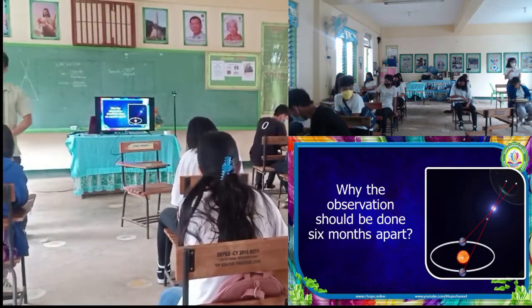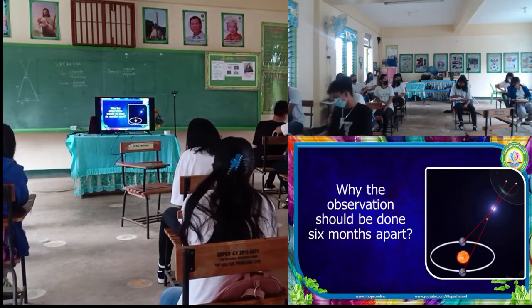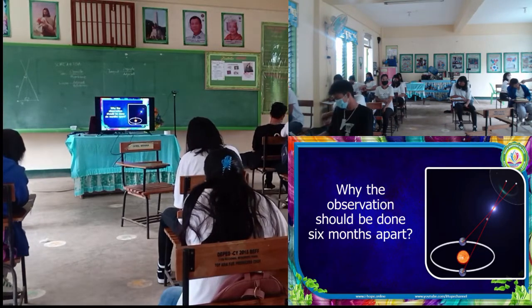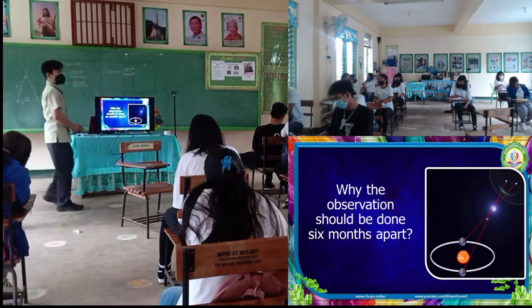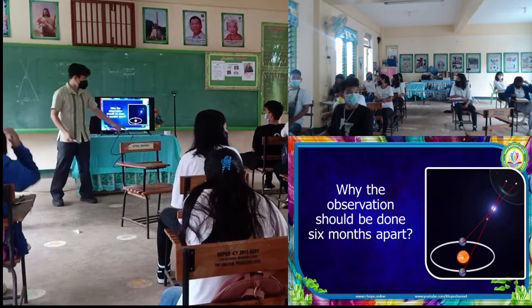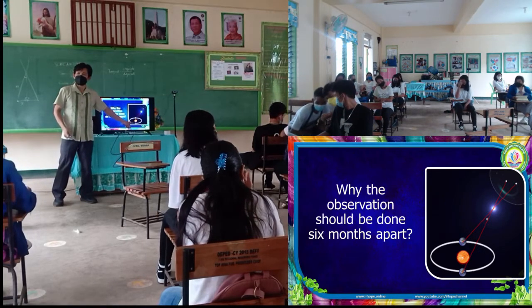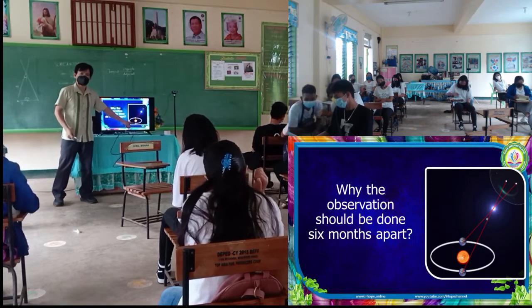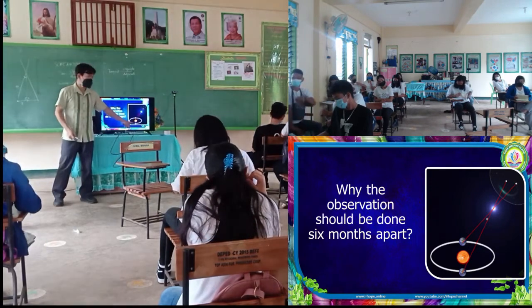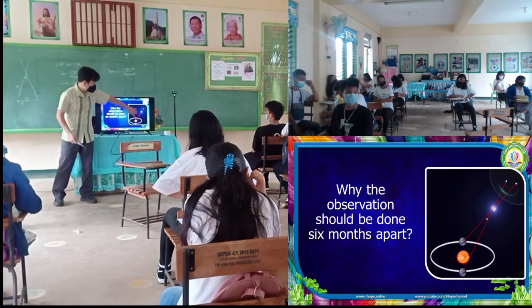Because after 6 months, the location of the Earth is at the farthest distance from its original location. For example, the original position of the Earth in January is here. Then at the end of June or first day of July, it is on the opposite side.